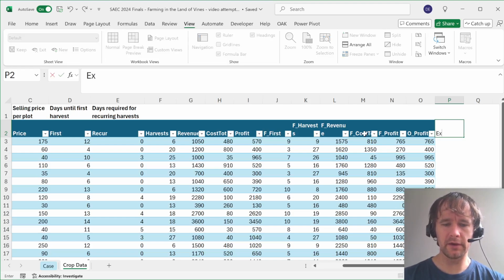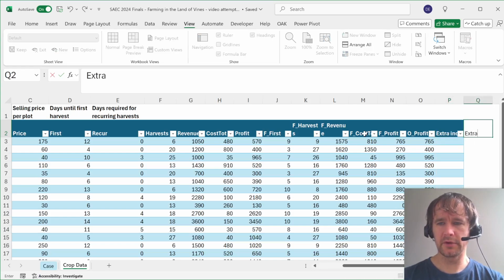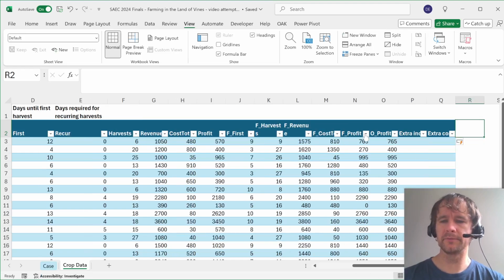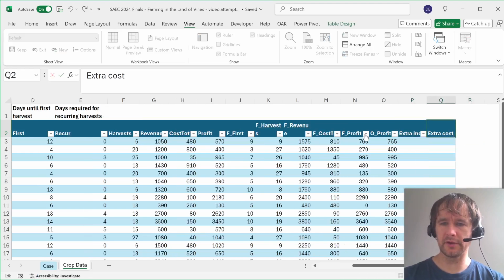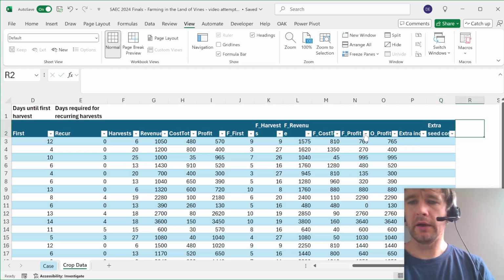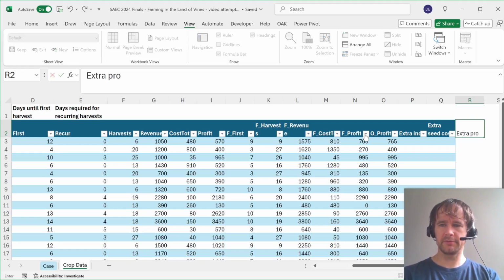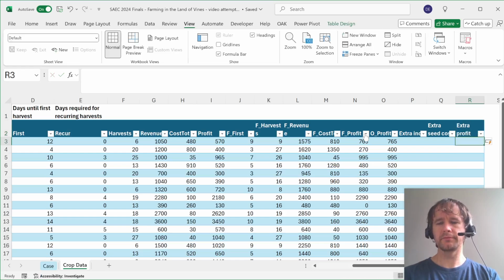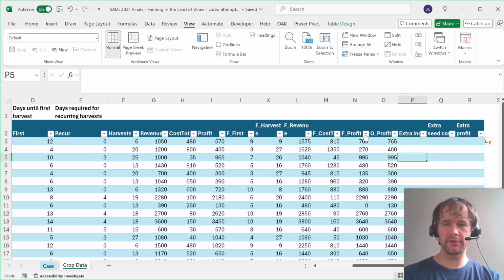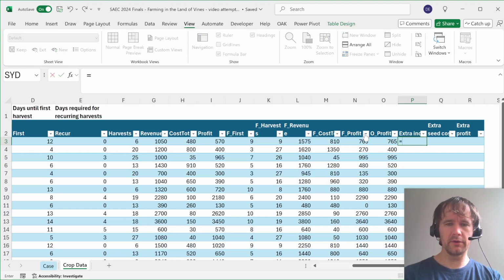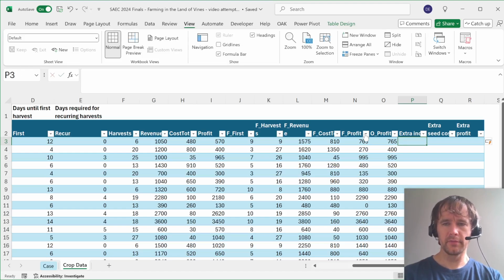So I'm going to say extra income, extra cost, extra seed cost, and then extra profit. So the extra income is going to be your, I guess, let's just say, first of all, are we going to use fertilizer?